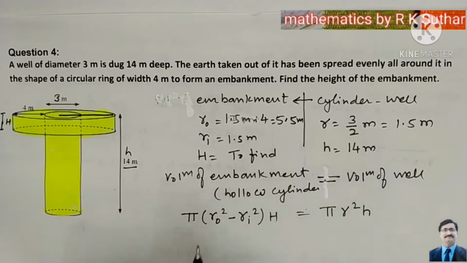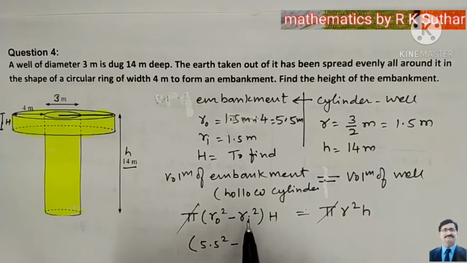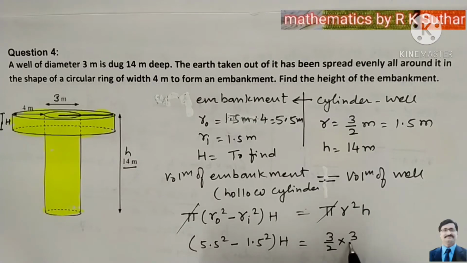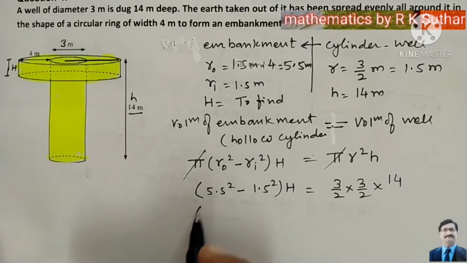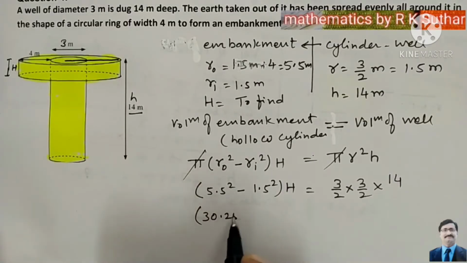Now pi and pi we can cancel. R outer is 5.5, so we write 5.5 square, R inner is 1.5, and the height we have to find. For the well, r square we can write 3 by 2 into 3 by 2, or 1.5, no problem, and h is 14. 5.5 square is 30.25 and this is 2.25.